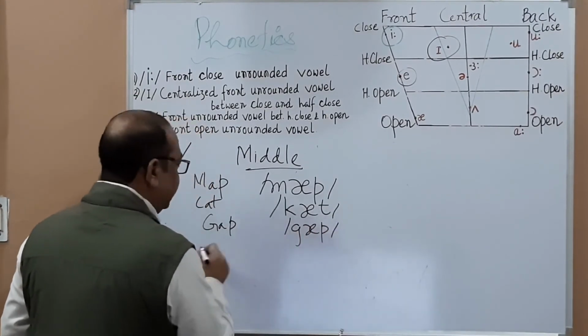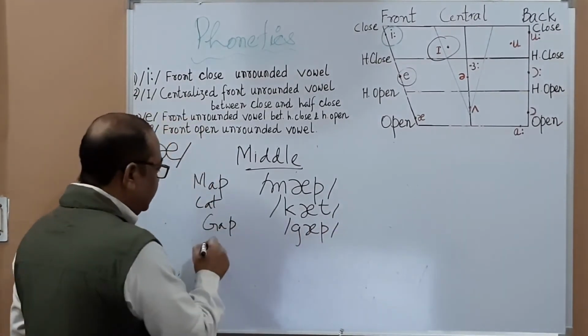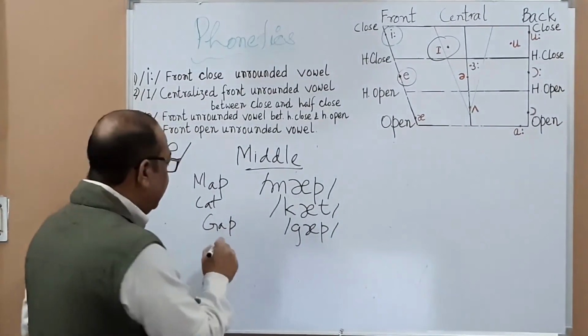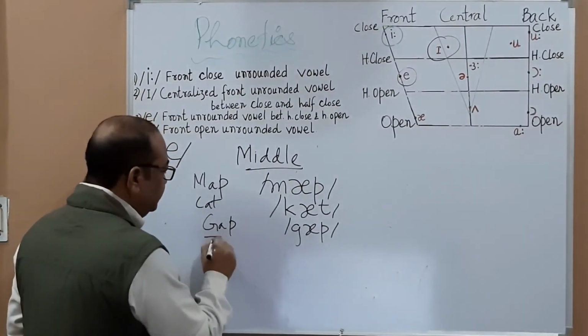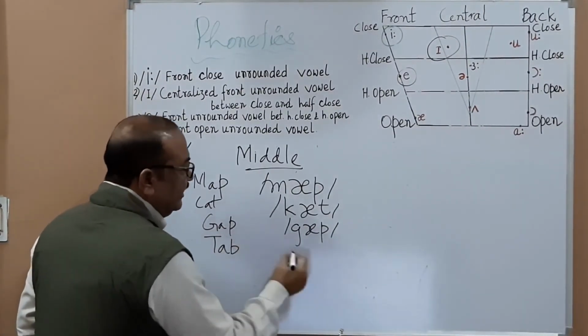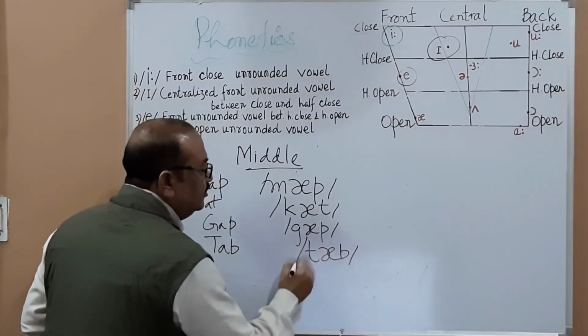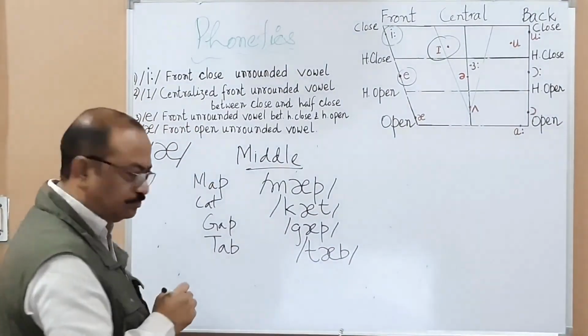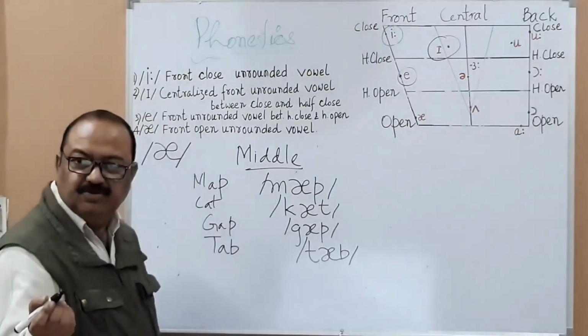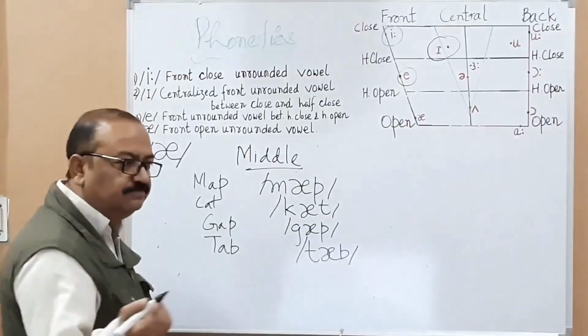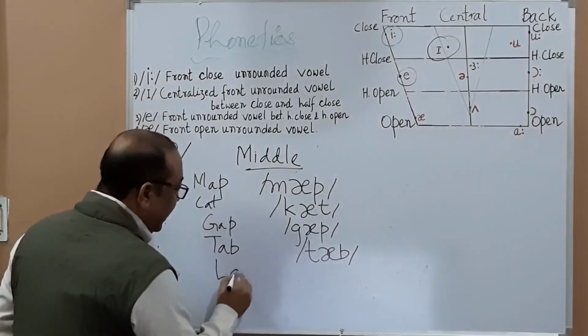Gap. Say. Yes. Louder. Tab. Tablet you're talking about? Yes, sir. Okay. Tablet. Tab. Good. Very nice. Want to say one or two words more? Lab. Good. Lab.